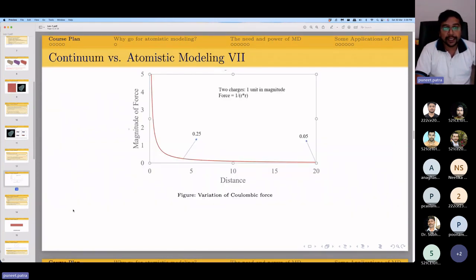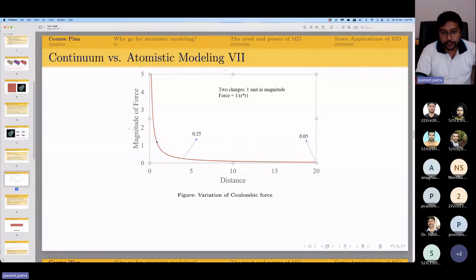So just to give you an idea how the Coulombic force changes over distance: as x approaches 0, the magnitude of the Coulomb force, which varies as 1 by r square, approaches almost infinity. Okay, it is infinite.